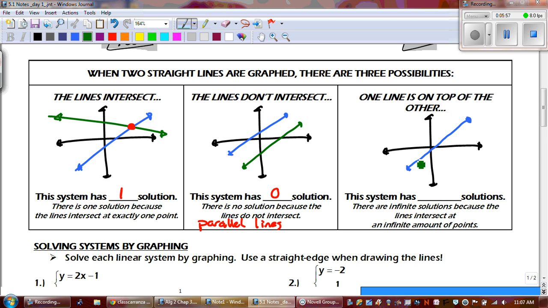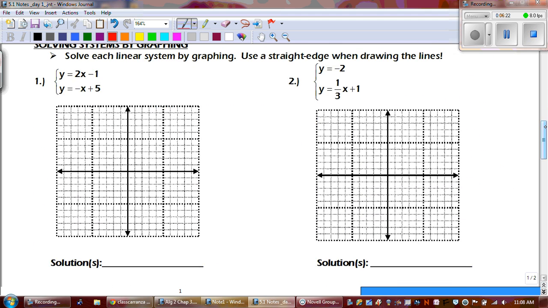So you actually have both lines right there. And for this one, we have infinite solutions. Not infinity, infinite solutions. There's thousands and thousands of answers. And that only happens when one line is on top of the other.